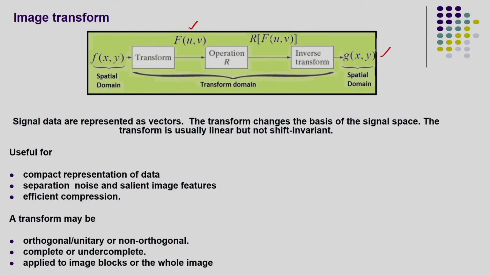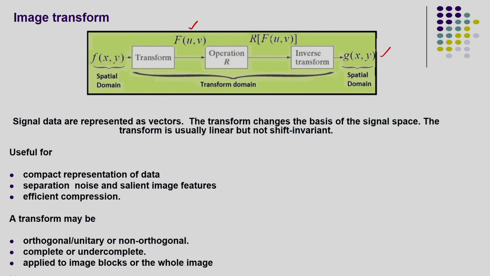In case of the image transformation, signal data is represented as vectors, and the transform changes the basis of the signal space. One important point is the transform is usually linear but not shift invariant. Already I have explained that it is useful for a compact representation of data, and because of this transformation I can separate noise and the salient image features, because the image is represented by few transform coefficients.